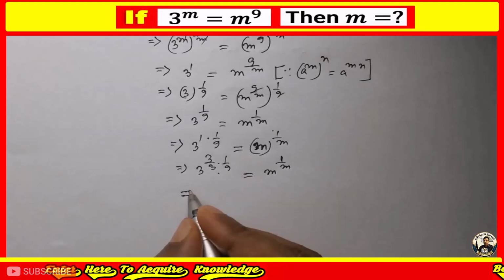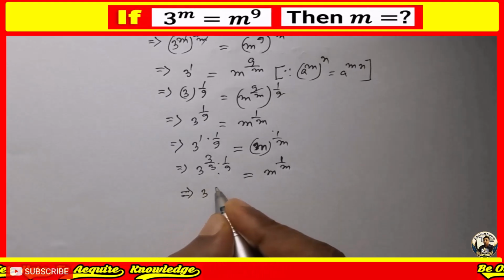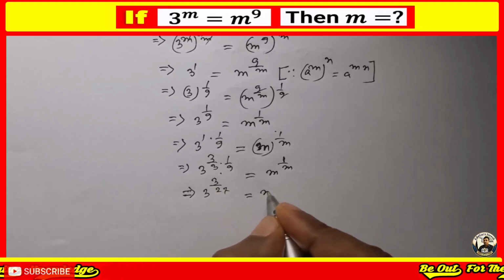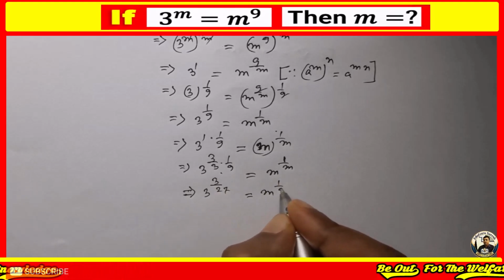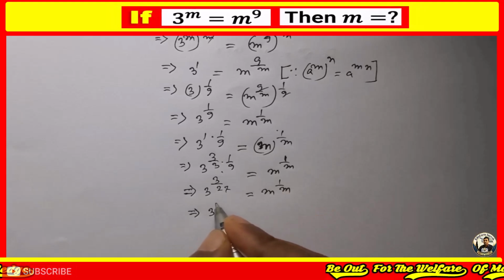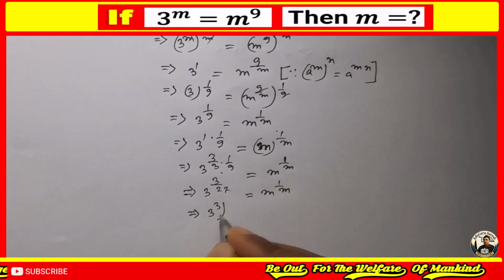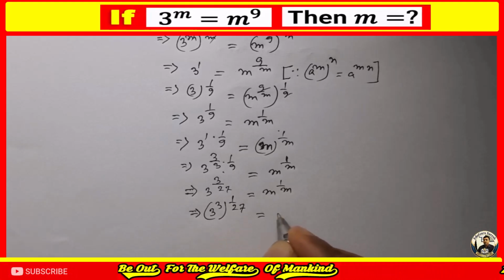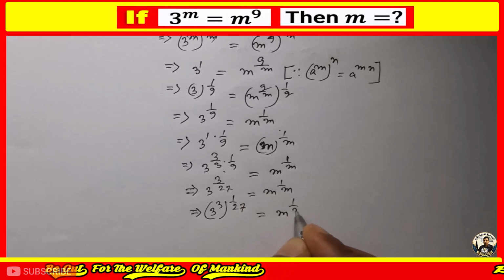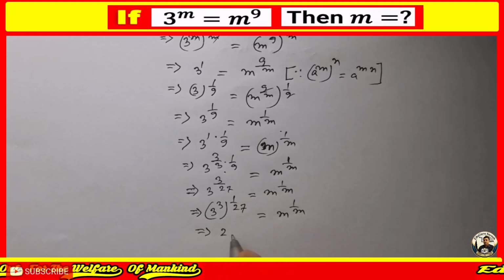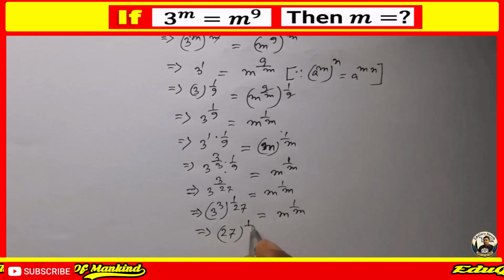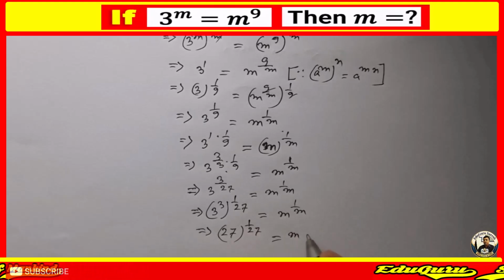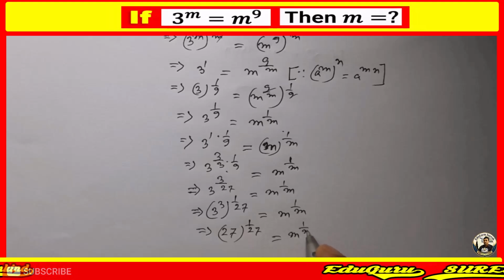or 3 to the power 3 over 27 equals m to the power 1 over m, or (3 to the power 3) to the power 1 over 27 equals m to the power 1 over m, or 27 to the power 1 over 27 equals m to the power 1 over m.